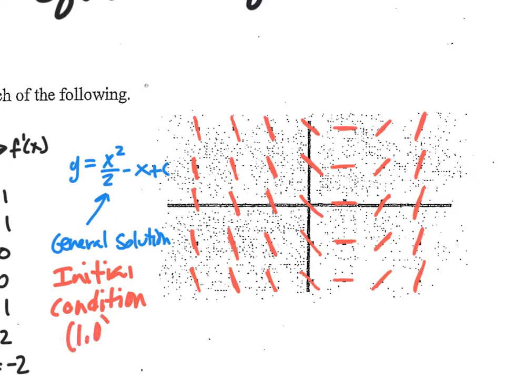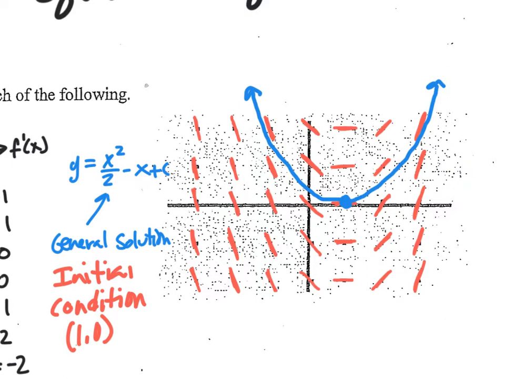It doesn't really matter where it is. If I have that initial condition (1, 0), I know that a point on my function is at (1, 0). So what I do then is I use this differential equation to help me draw my function, which is a parabola. And that's the whole point of this.